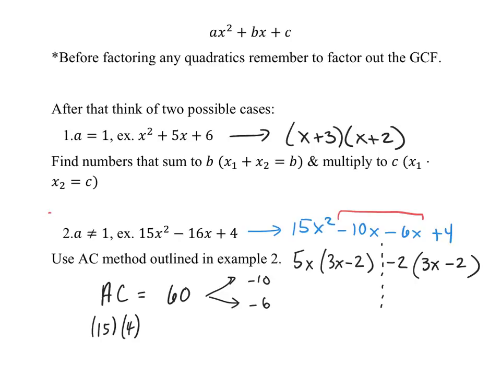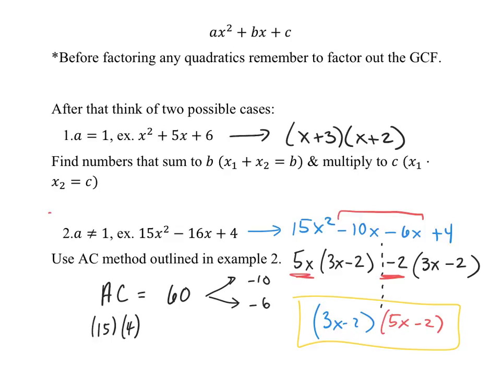And when I factor 3x minus 2 out, I'm left simply with 5x minus 2. And there are my factors. Again, when I take a 3x minus 2 out of both of these, bring it out front, it leaves me with a 5x minus 2 left behind.